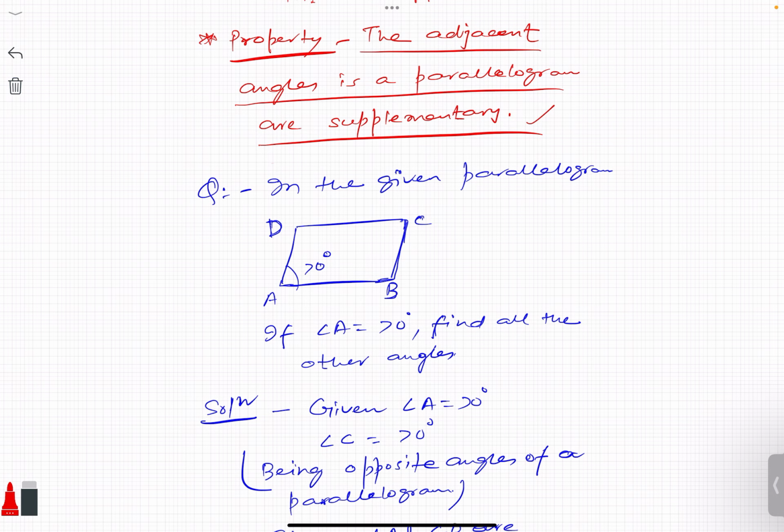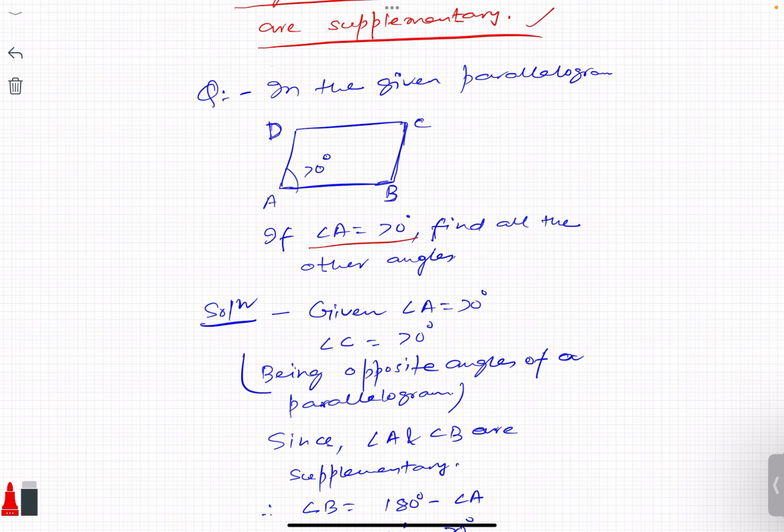In the given parallelogram ABCD, angle A is equal to 70 degrees. Find all the other angles. Angle C will also be 70 degrees, being opposite angles of a parallelogram.